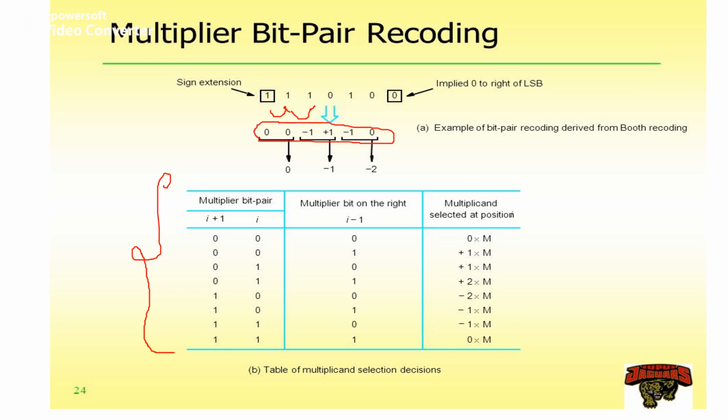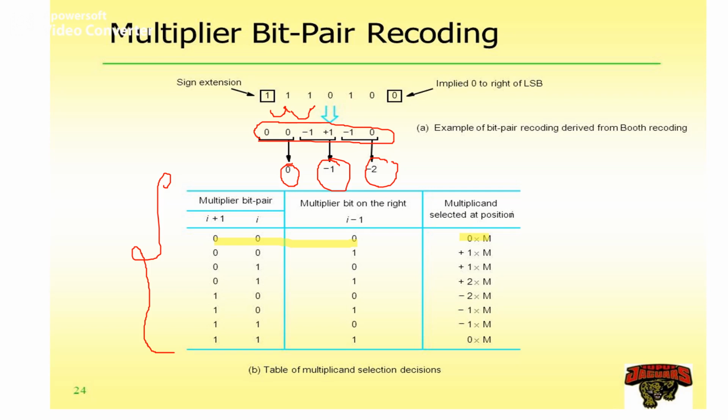Once again, consider from 0 to 0 means 0, 0 to 1 means plus 1, 1 to 0 means minus 1, 1 to 1 means 0, or else we can remember this respective table. So if you are considering i plus 1, i, i minus 1, and all the bits are 0, 0, 0, then we can consider 0 into m.